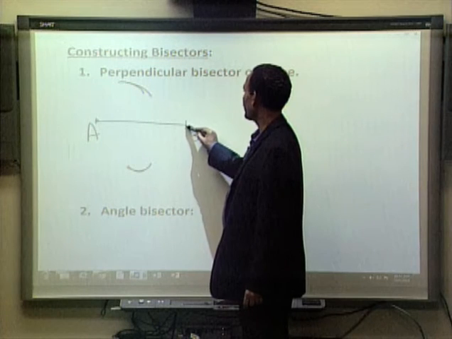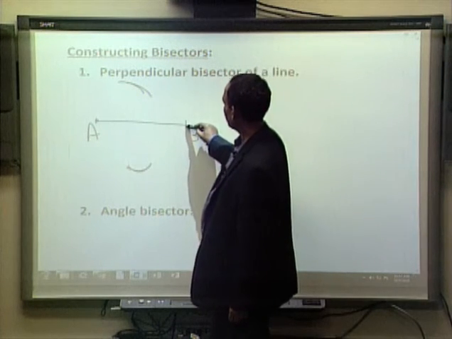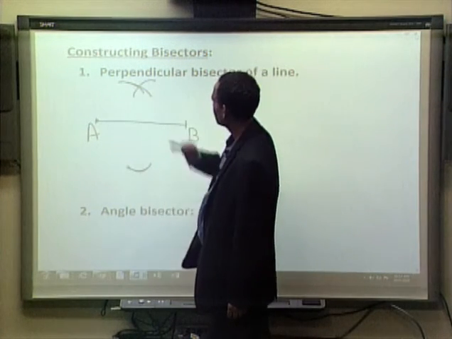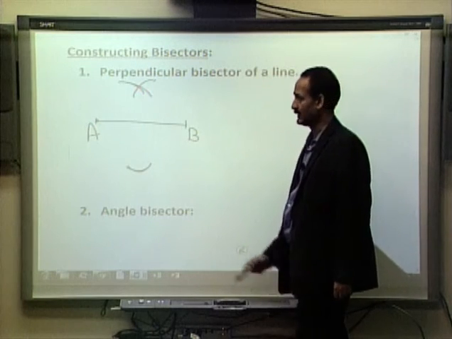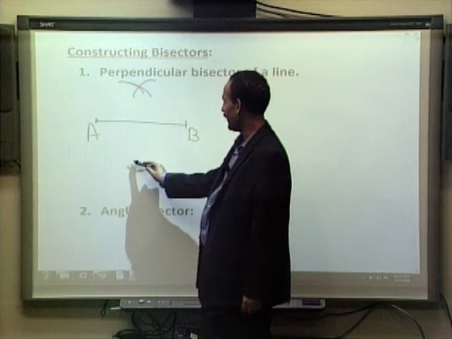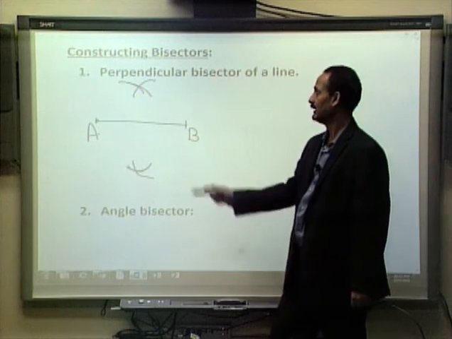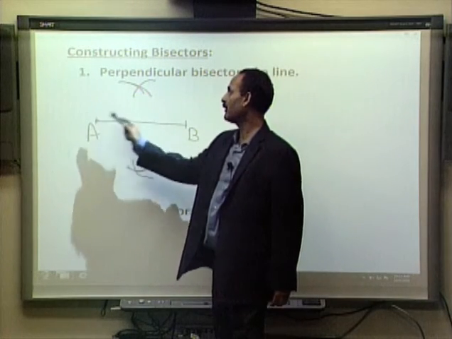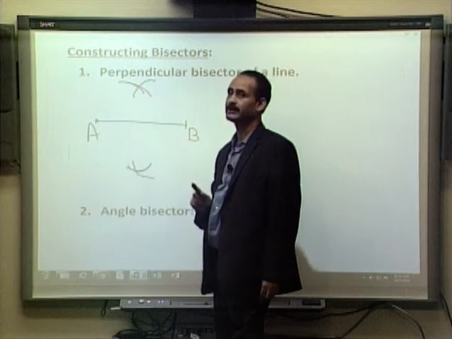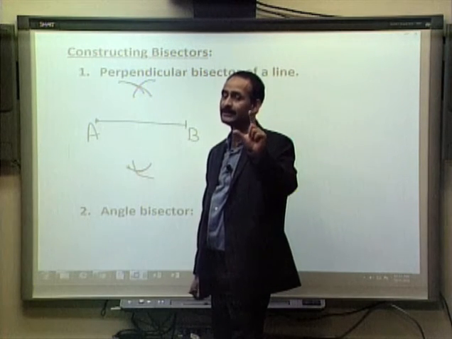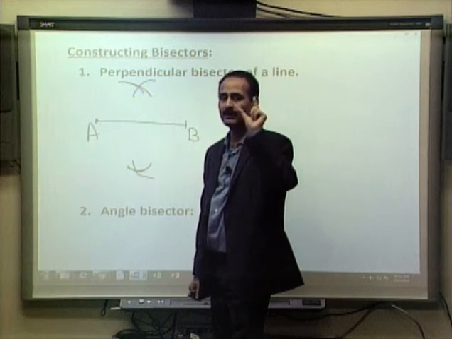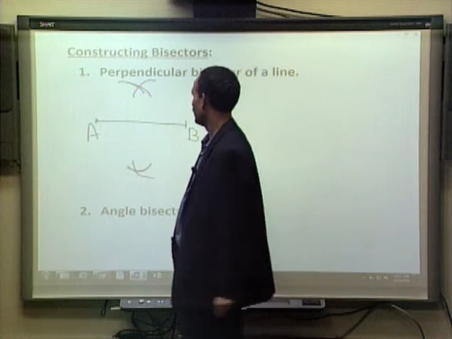Put one end of the compass at B and with the pencil end, draw another arc above and another arc below, like this. The two arcs, one coming from A and another coming from B, should intersect, and we should not be changing the opening of the compass.